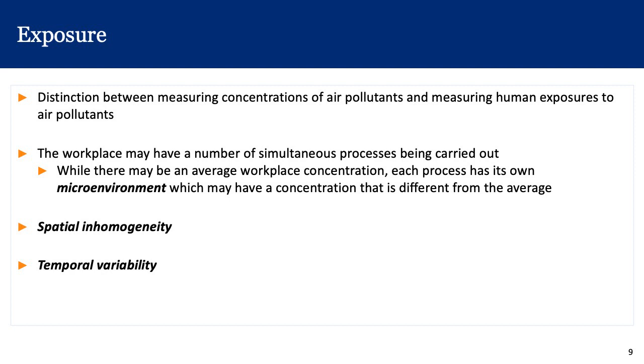And we need to really understand the movement of air, the movement of the workers, and also, of course, where the contaminant generation sources are. And of course, there's temporal variability, meaning that concentrations change with time. It could be a matter of within each work shift, the concentrations go up and down, but also they change over the seasons. So in the winter months, the workplace might have its doors and windows more closed compared to the summer months when they are open.